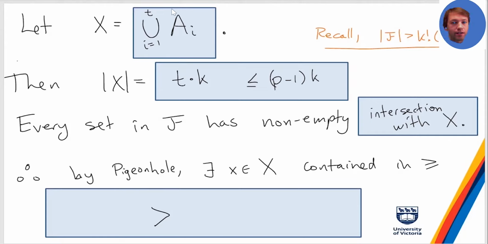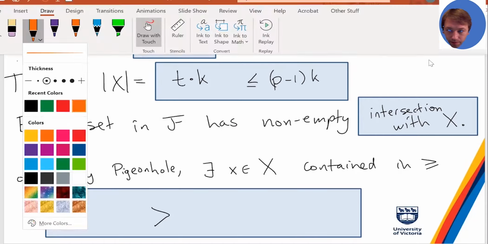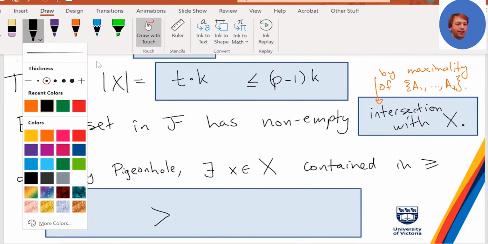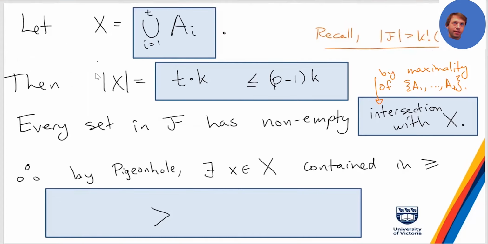So this is by maximality of A1 up to AT. Is that clear? Notice I can't say that every set intersects every AI, but I can say that every set in F intersects at least one of the AI, and so it intersects X. And when I say intersects, I mean it has a non-empty intersection.